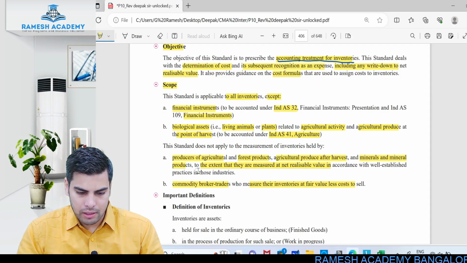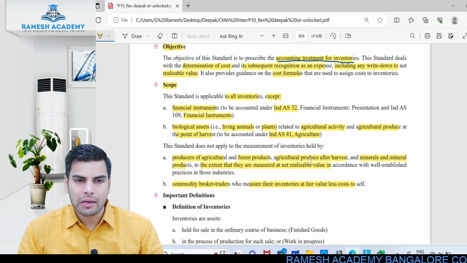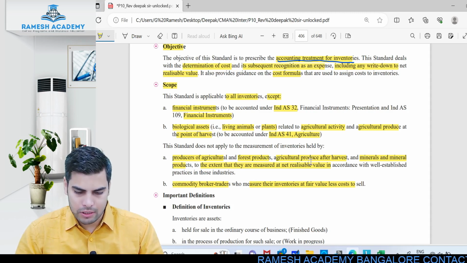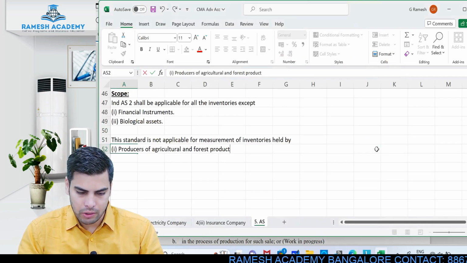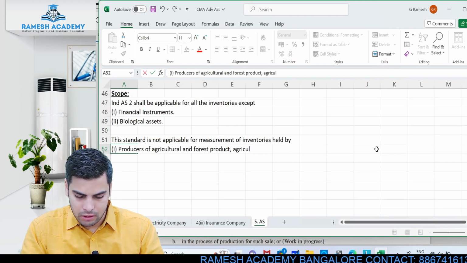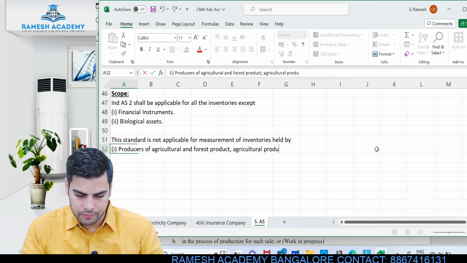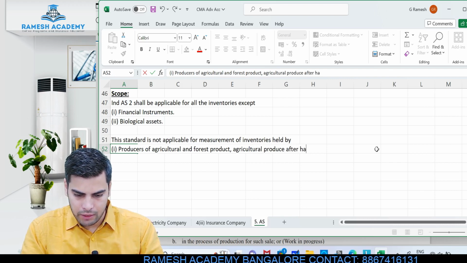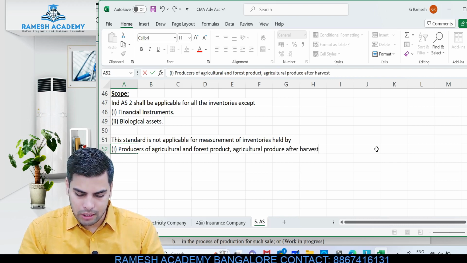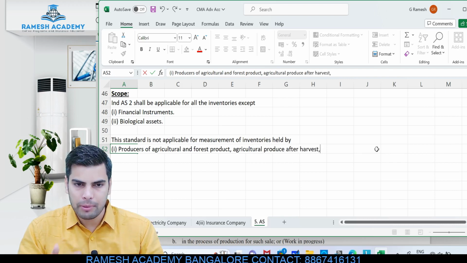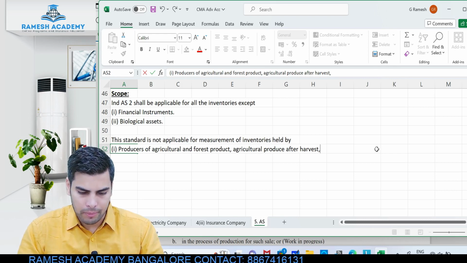So agricultural produce after harvesting, even for that it is not included. If I want to measure the agricultural produce after harvest, will I be applying the concept of Indian Accounting Standard 2? No, we are not going to apply the same.